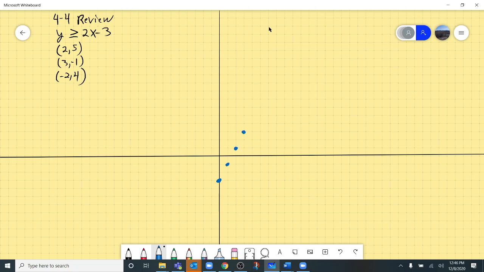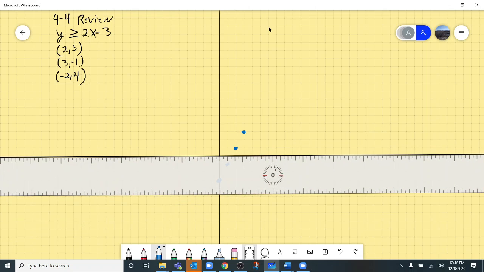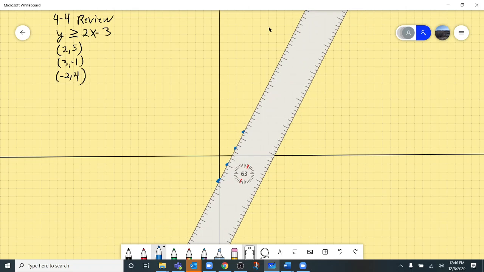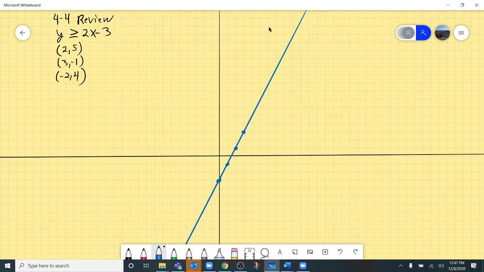Okay, and then I'm going to use my ruler and try and get a straight line that goes through all those points. That's pretty good. Okay, so I have this line, and that would be y equals 2x minus 3.